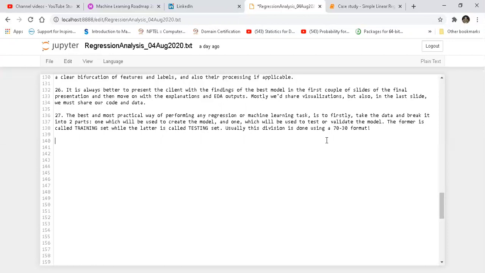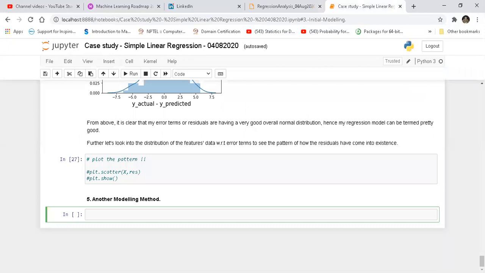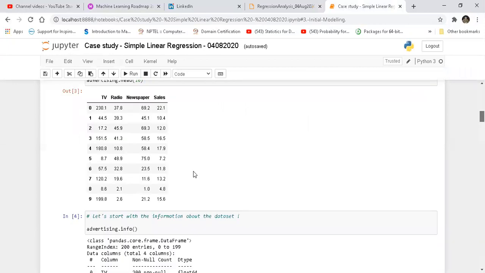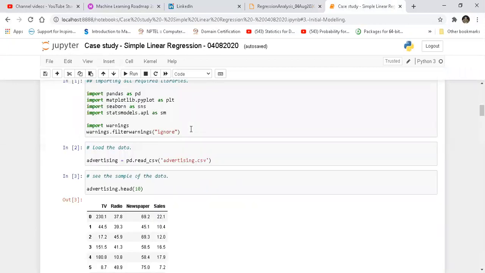Right now, there are simple ways of doing this. If you want, you can also write Python code and do this, but I'm not going to do that because I know that Python has already provided brilliant libraries. So I'm going to make use of the libraries which are usually used for this purpose.